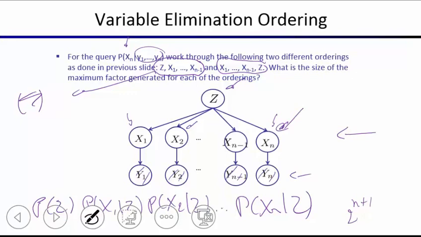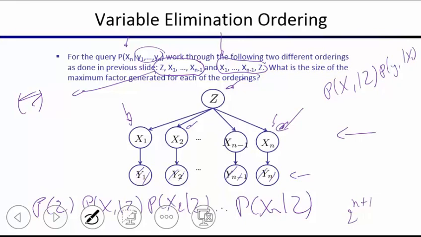Now let's look at the other ordering, see if it's more efficient. The other ordering starts with x1. When we join on x1, we look at every table that involves x1. So that's the table for x1 itself, the conditional, which is x1 given z, as well as the table for any child of x1, which is y1. So we also have here y1, which is instantiated, given x1.